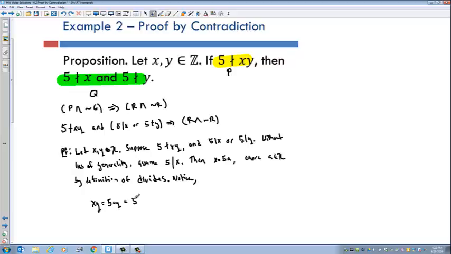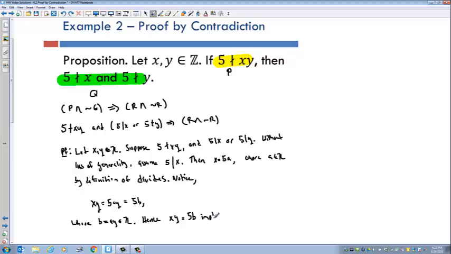And then we'll call this 5 times b, where b is equal to a times y, and that certainly is an integer because the integers are closed under multiplication. Hence xy is equal to 5b.